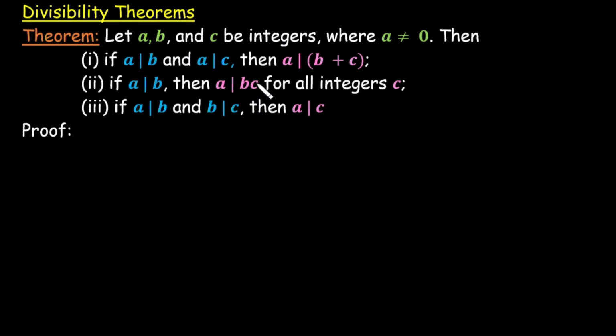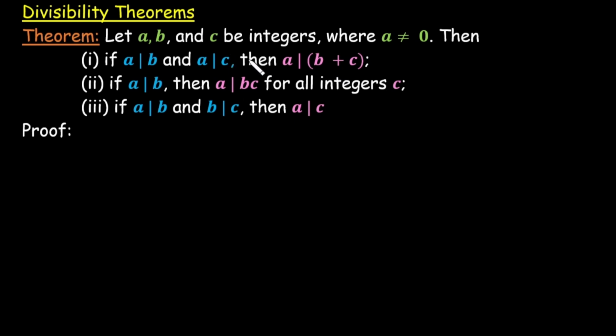Now we will learn some very useful rules about divisibility. So the first theorem: let A, B, C be integers where A is not equal to 0. Then we have these three results. Let's quickly explain these one by one.